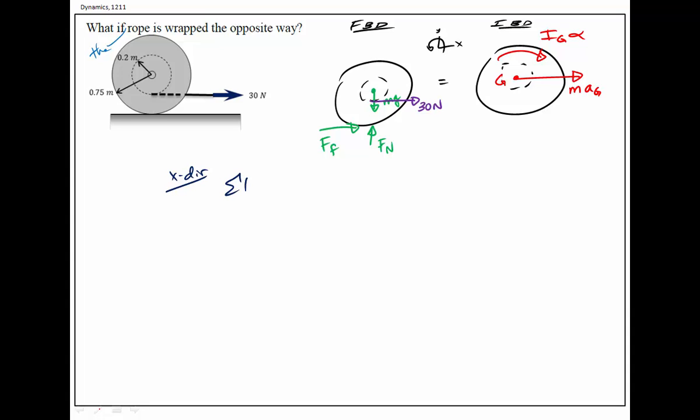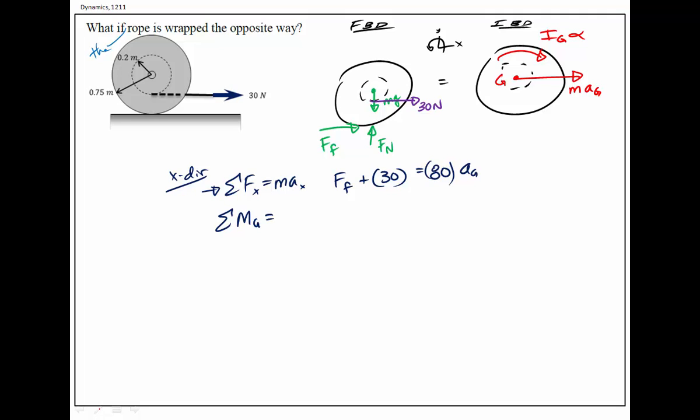So the sum of the forces in the x direction is equal to mass times acceleration in the x direction, and we have the friction force plus 30 is going to be equal to 80 times the acceleration at G here. And I've assumed that it's going to be moving to the right, by the way.